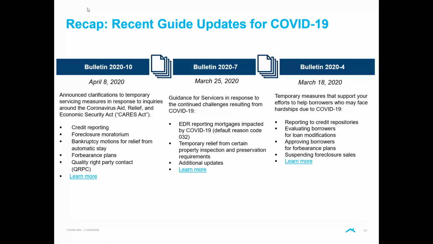The one thing in 2020-4 that's still standing is regarding the loan modifications that we have opened up in response to COVID-19, which is our disaster modification, known as the extend modification and the cap and extend modification, or the disaster relief mod, as it's officially called.